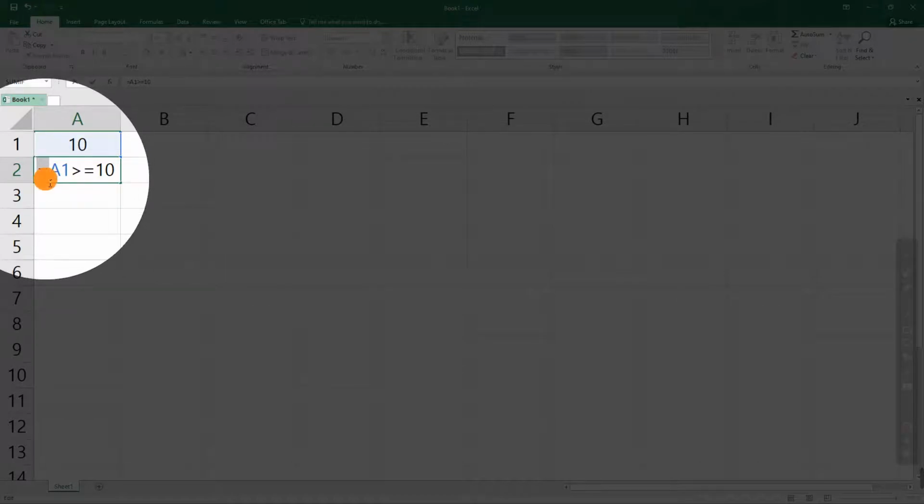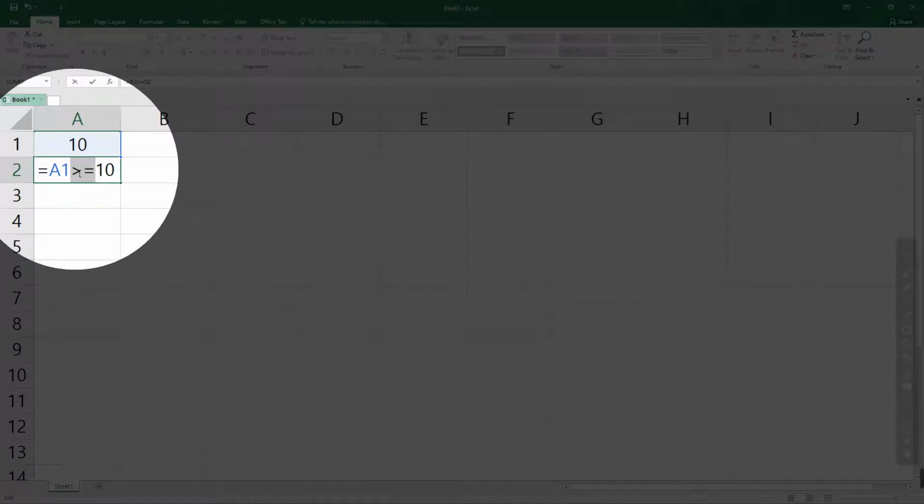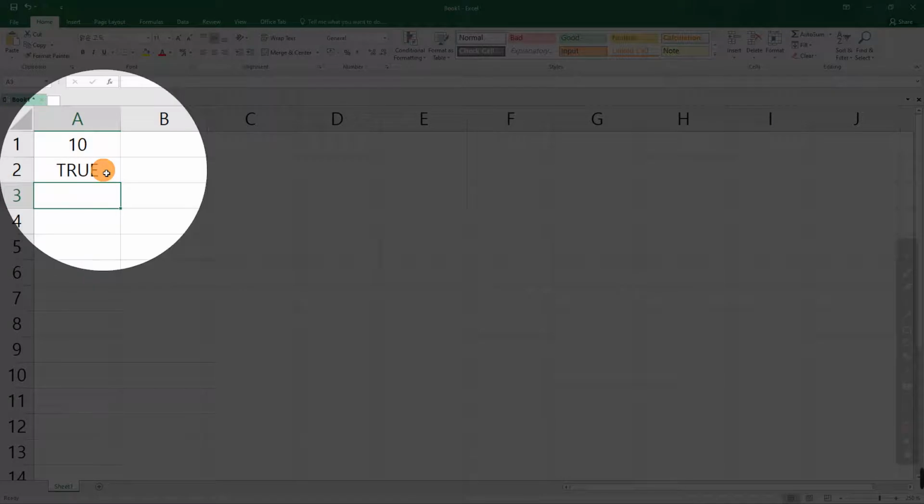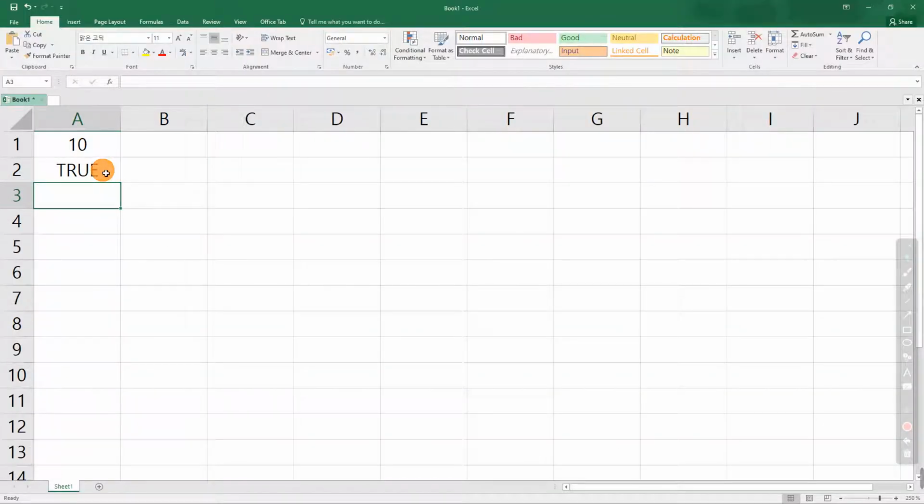The first equal sign tells us that we start a formula, right? Or we start some computations. And this one is related to greater or equal to. So at the end, you will press Enter, and you will see that something has changed, right? Instead of false, we have true.